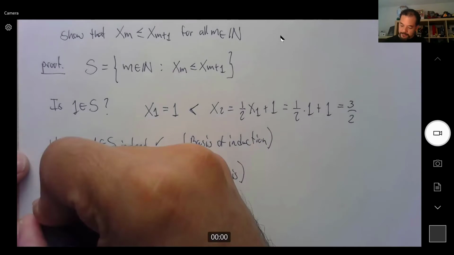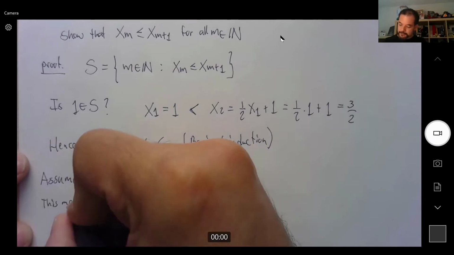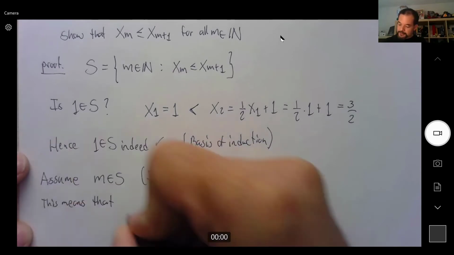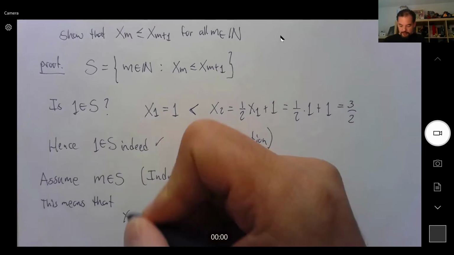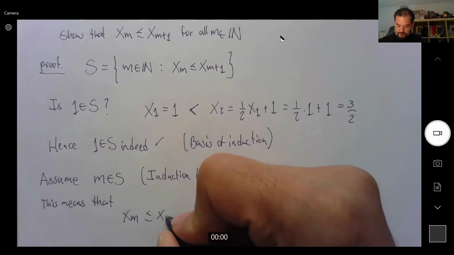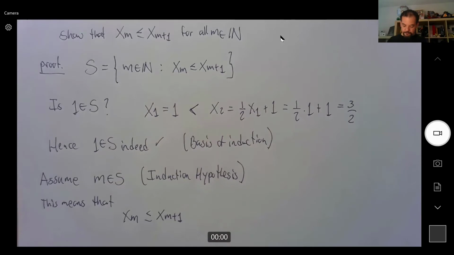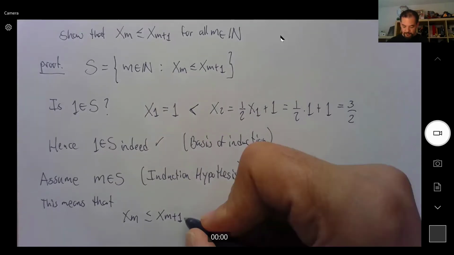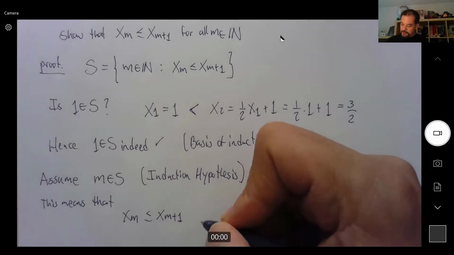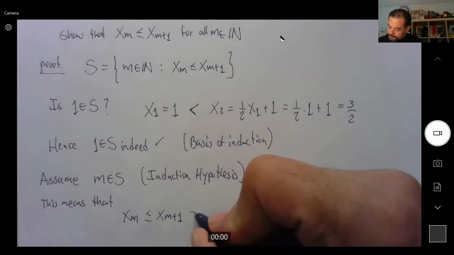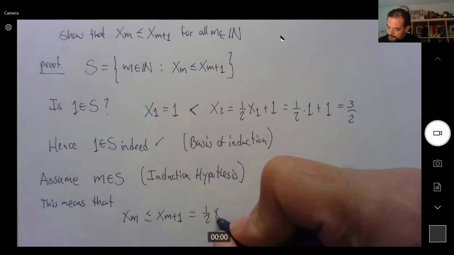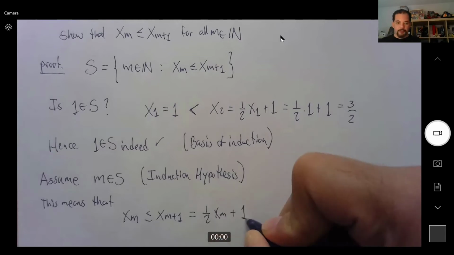So this means that xm is less than or equal to xm plus 1. But what is xm plus 1, right? That would be good to remember. Xm plus 1 is 1/2 of xm plus 1.